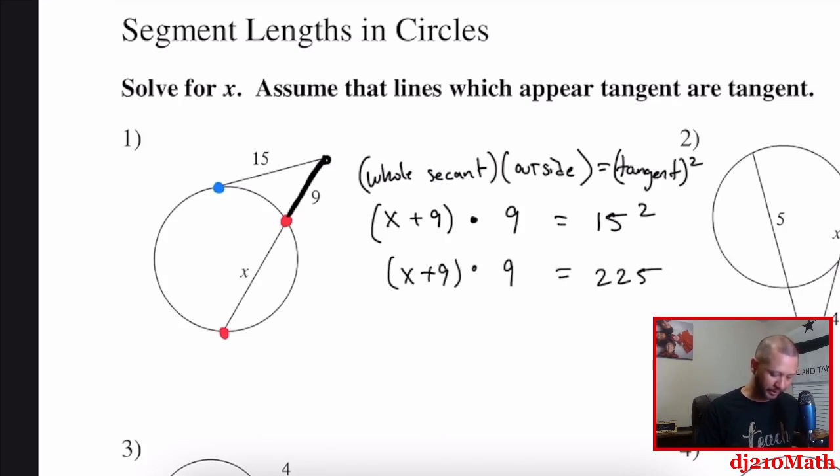A rookie mistake would be to distribute the 9, which would work. You'd get 9x plus 81, then you'd subtract 81 and then divide by 9. Or we could divide by 9 now and get 25.